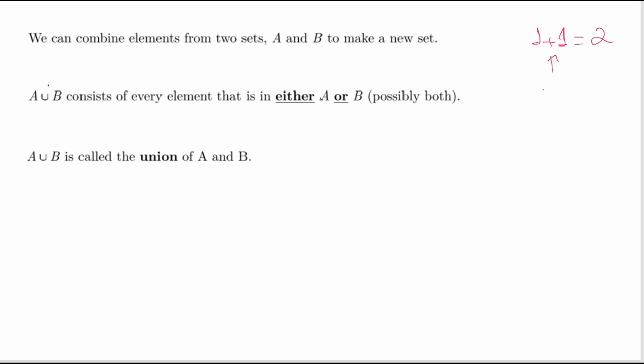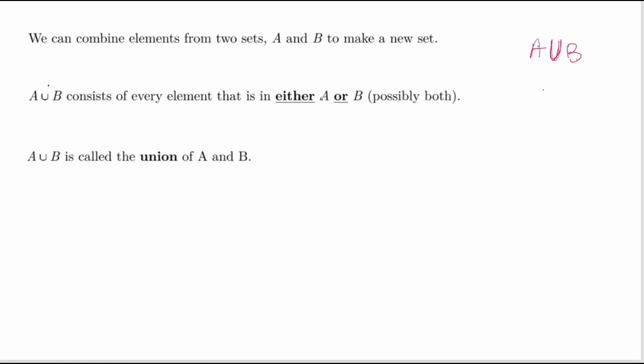The addition is an operation, and you're operating on two numbers. Here we're going to operate on two sets, and this operation is called union, given by this symbol, just as with 1 plus 1 you have a number, the operation, and a number. Here you have a set, the operation, and a set.